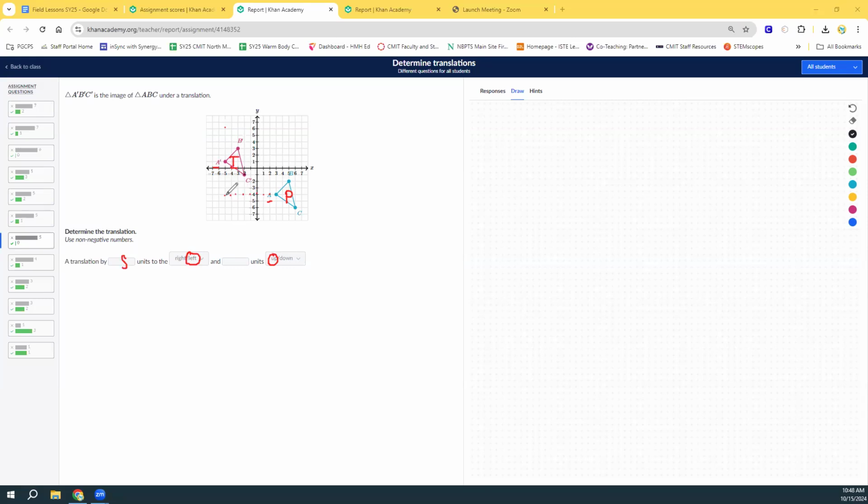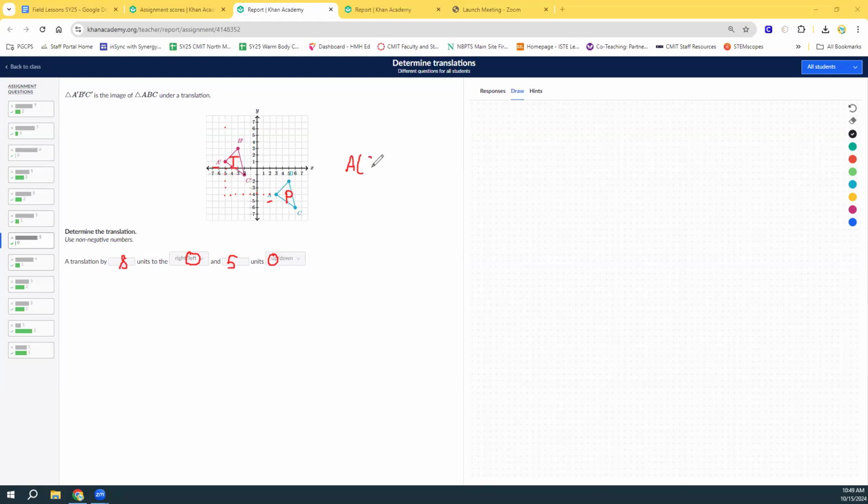So I go straight left to see how far I have to go before I can just go up to A. Now 1, 2, 3, 4, 5. 5 units up. So 8 units left, 5 units up. Just counting. Again, I just want to show you this so you have tools in your toolbox.